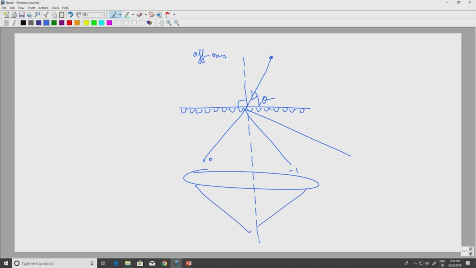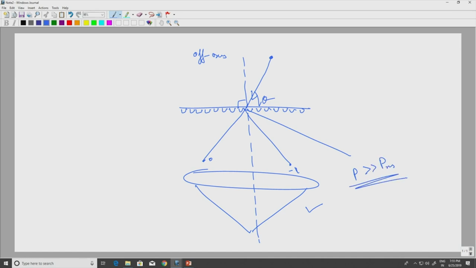Because of this angle, I am able to bring in both my zeroth order and my first order here. So with this off axis illumination, I will be able to image even the pitch that are greater than the resolution limit.